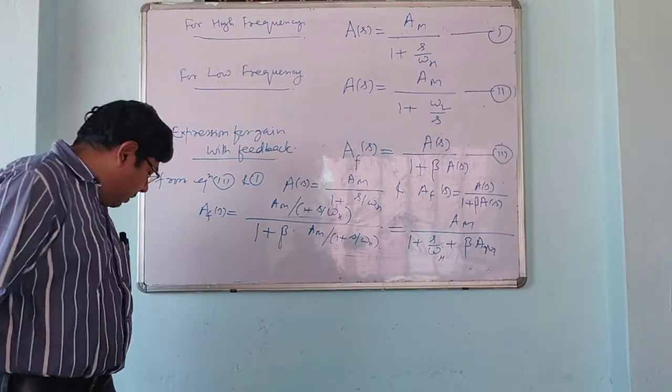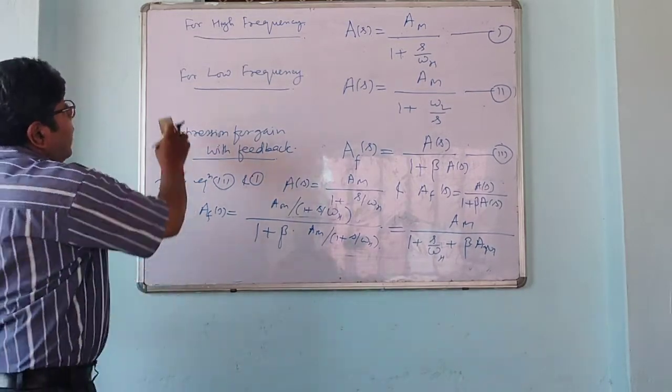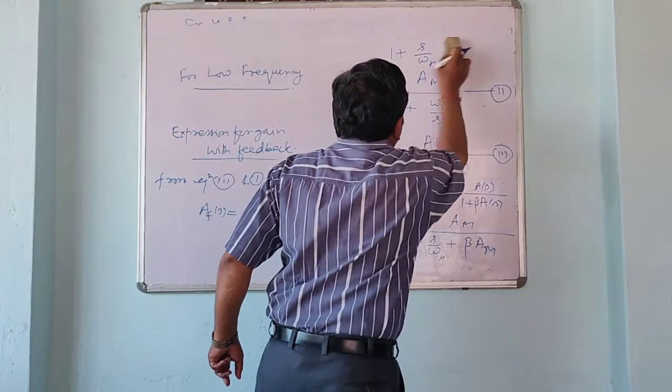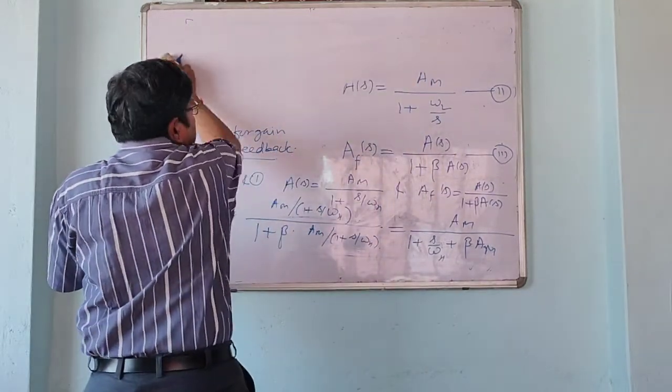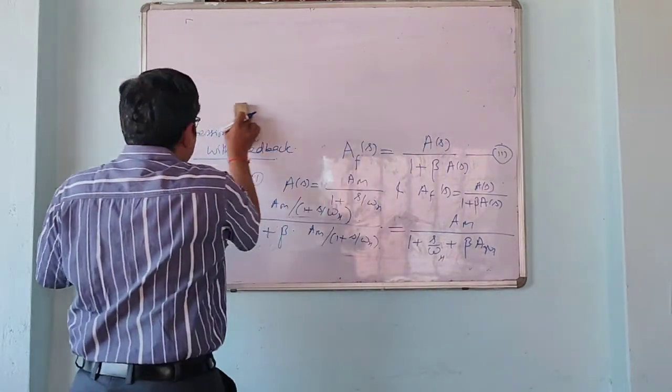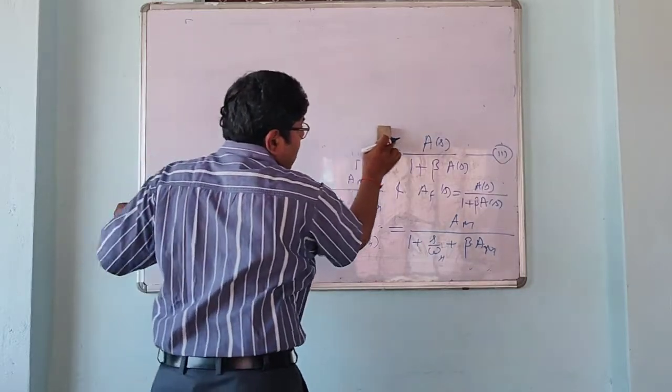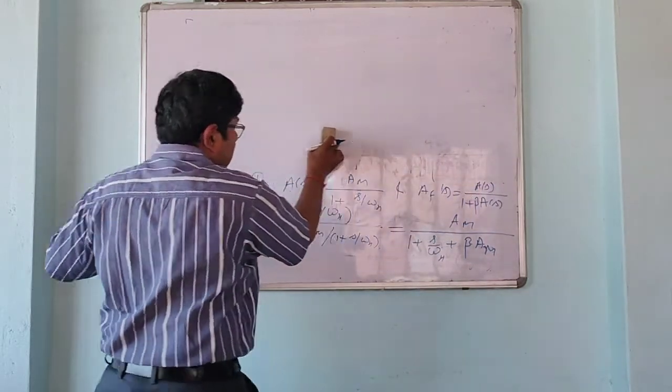So this is the expression for this. After adjusting, so we can show that this upper 3 dB frequency can be increased.